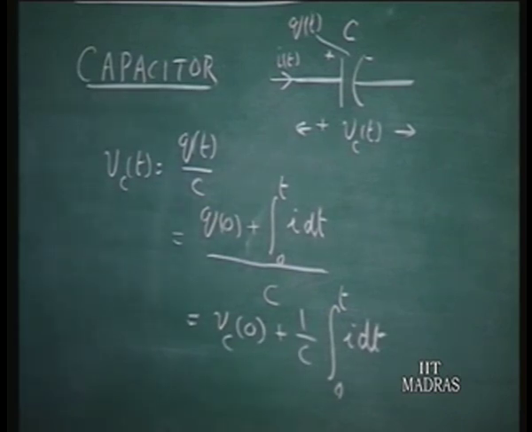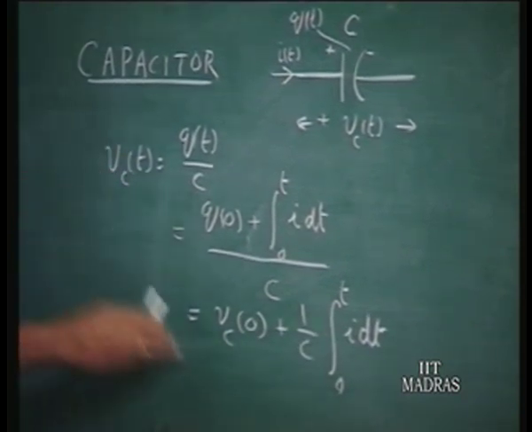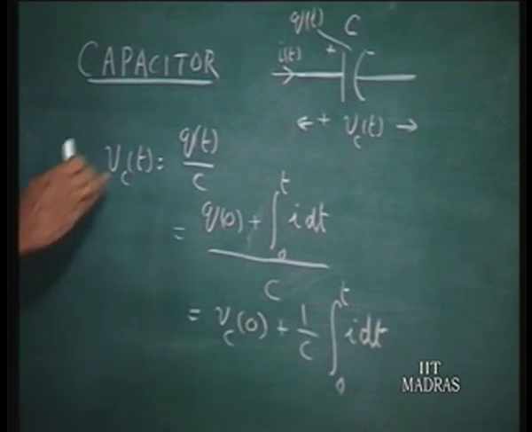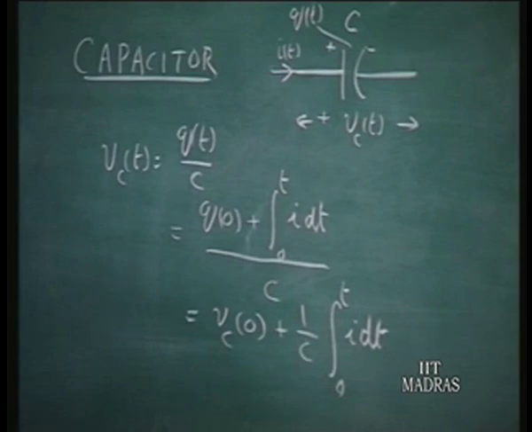Now, when we are analyzing a circuit in which a capacitor is situated, we should like to look at the relation between the currents and voltages in the transform domain. Therefore, we would like to express these quantities not in terms of time expressions, but in terms of Laplace transformed variables.